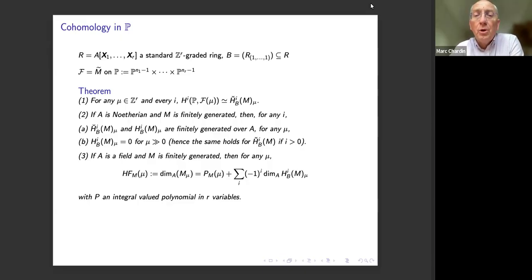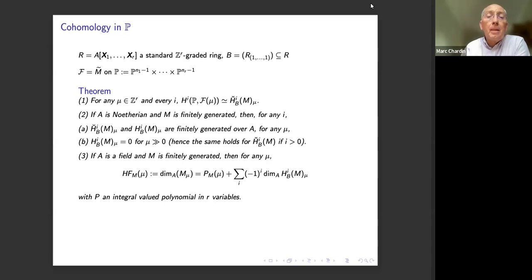It is a polynomial plus the alternated sum of dimensions of local cohomologies supported in B in this degree mu. So this tells you that the difference between the Hilbert function and the Hilbert polynomial can be expressed in terms of these local cohomologies. And P is the Hilbert polynomial, so it's an integral valued polynomial in r variables.